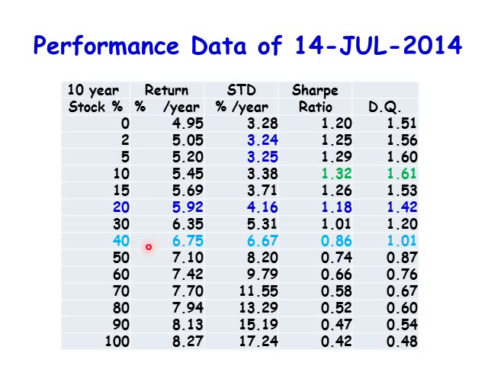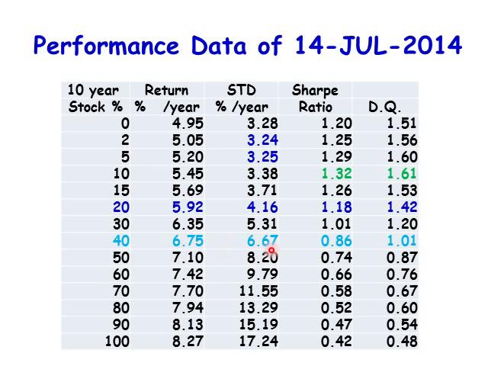Here is 40% stocks and 60% bonds, and return is at this point higher than the standard deviation. Return is 6.75% and standard deviation is 6.67% per year. Going further into stocks, returns go up and so does the standard deviation.